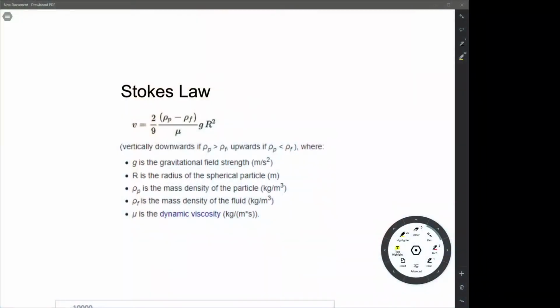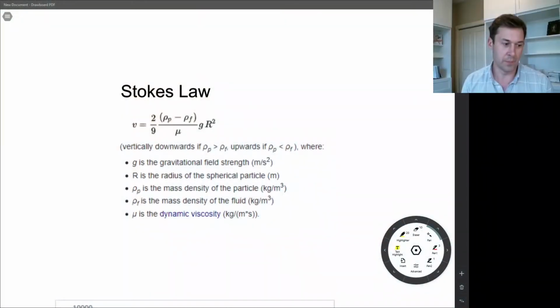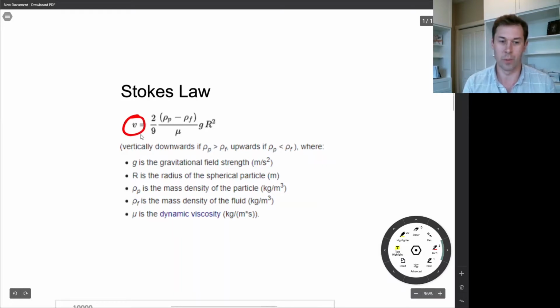So let's have a look at Stokes' law here. And what Stokes' law does, in this form, is show the terminal settling velocity for a particle.